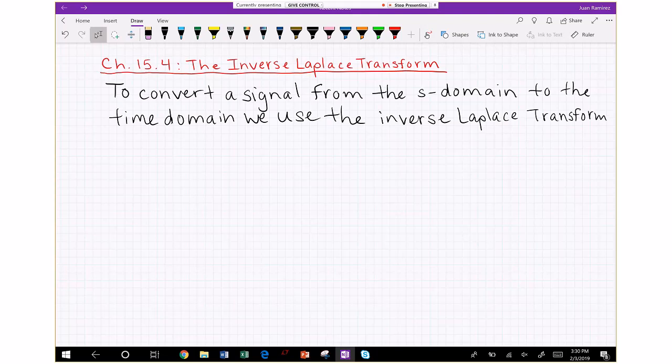At a high level, that encompasses two steps. First step is to simplify the function or decompose it. And we'll decompose it a lot of times using partial fraction expansion or partial fraction decomposition.